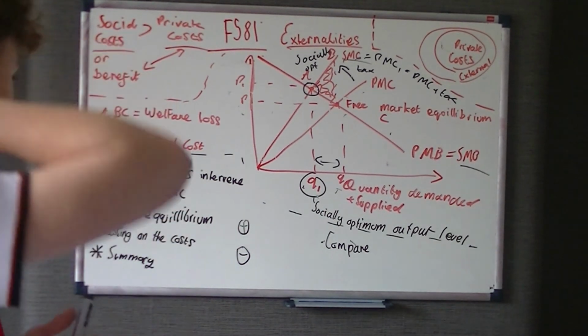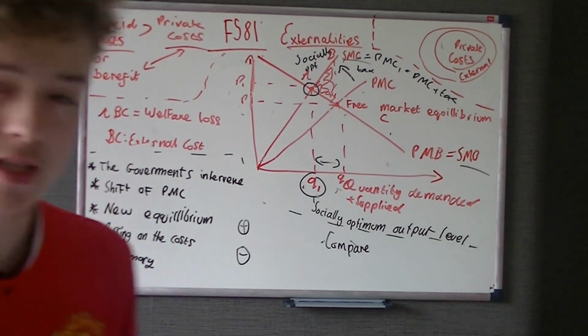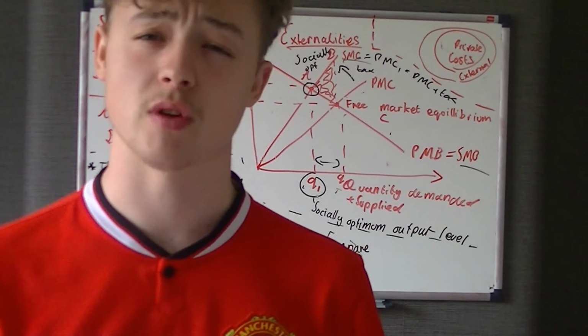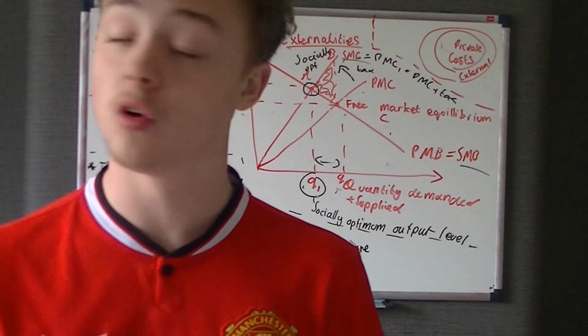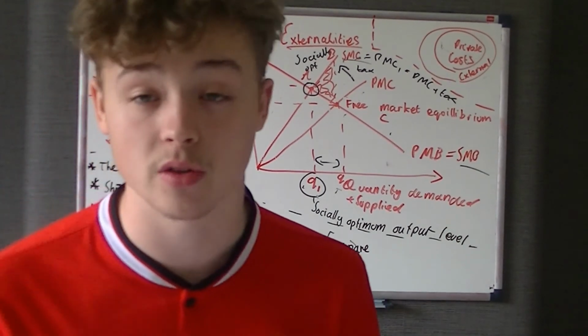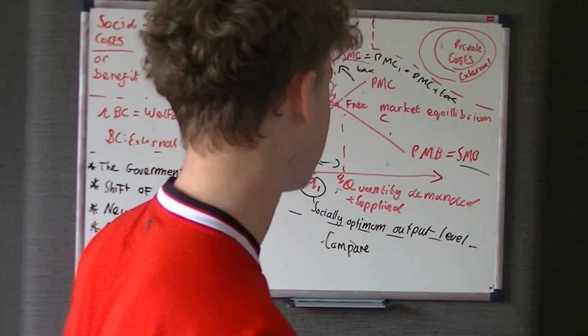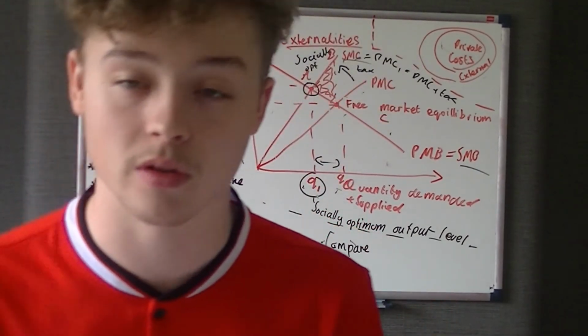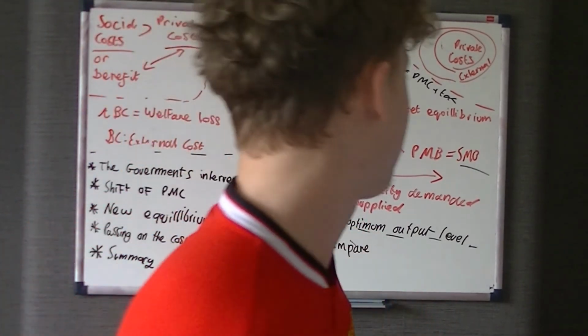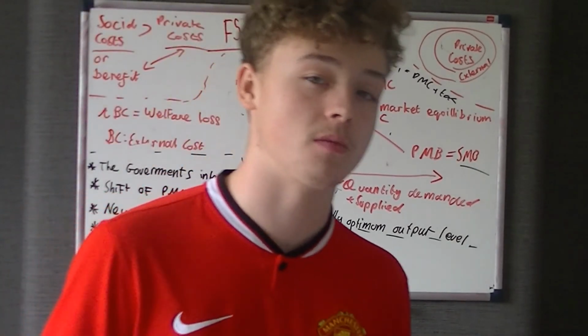And then you say what the decision maker considers. The decision maker takes into consideration only the private costs. This is because they ignore or are unaware of the external costs which impact on the third party.